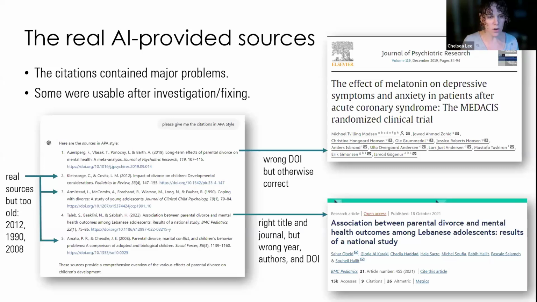There was an article with the title, association between parental divorce and mental health outcomes in Lebanese adolescents. That article existed, but it was written by different people than the AI indicated to me. So the point was that I had to be very diligent to check the results that it gave me, because it looked good, but it was not a trustworthy process happening here.